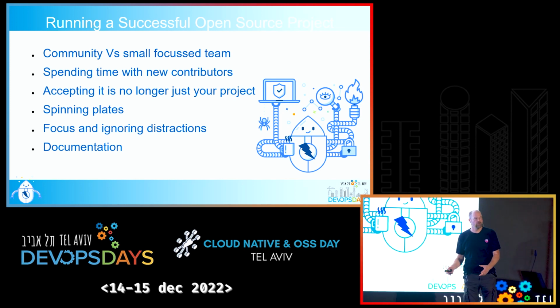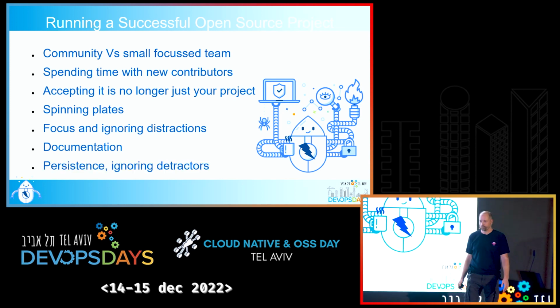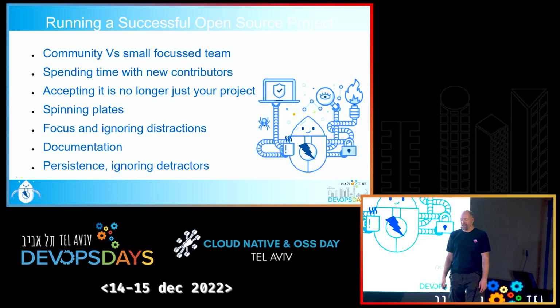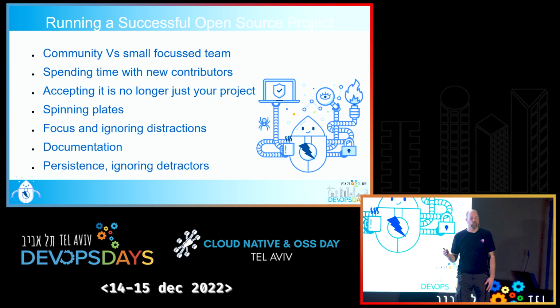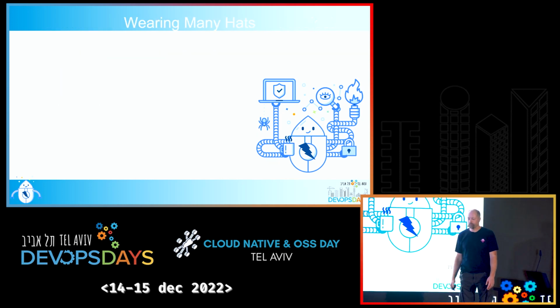They don't seem to, or the ones who get in touch don't. So you really have to make it as easy as possible for people to find out what your project does and how to do it. And you need to be bloody minded, really. You need persistence, and you will get people criticizing what you do, and at some level, you just have to ignore it and carry on doing your own thing.